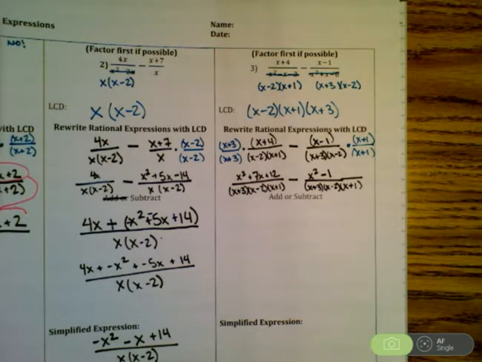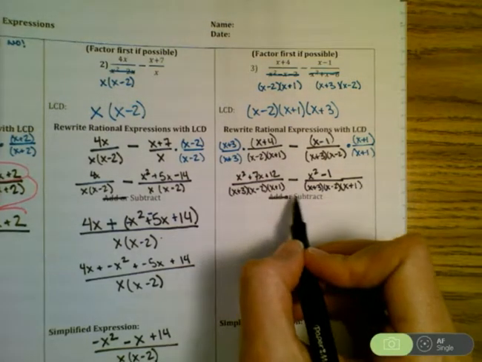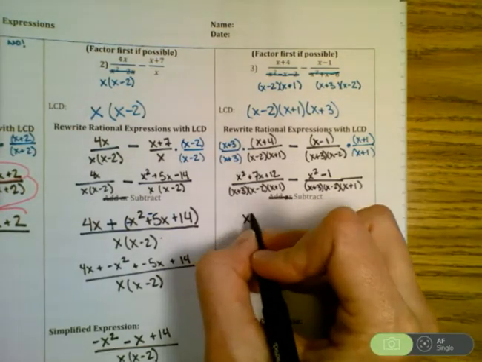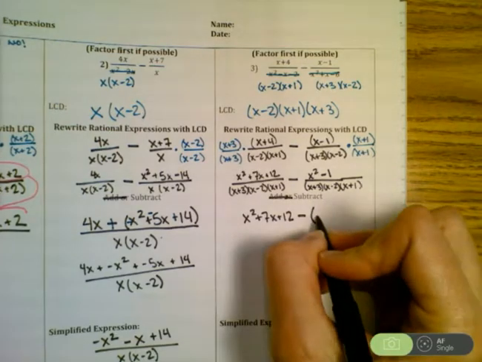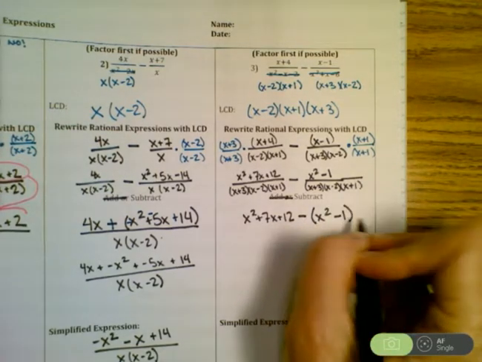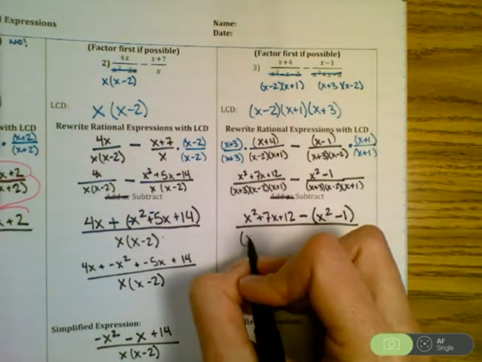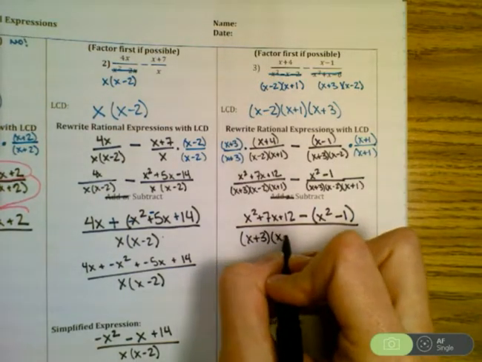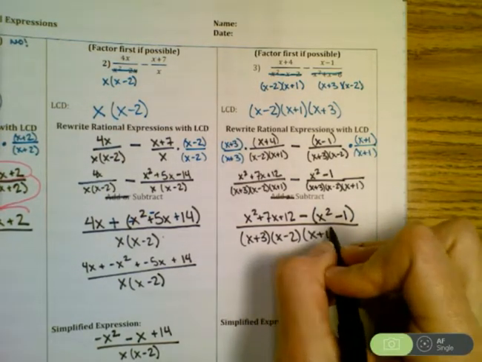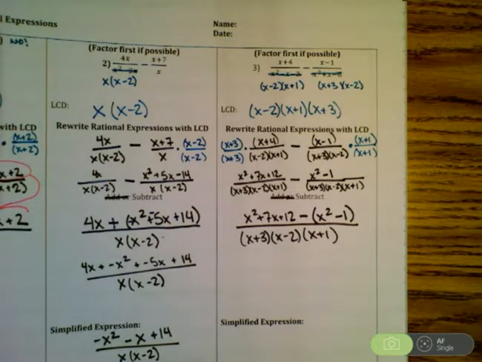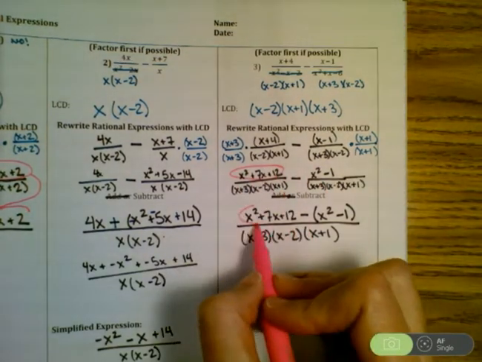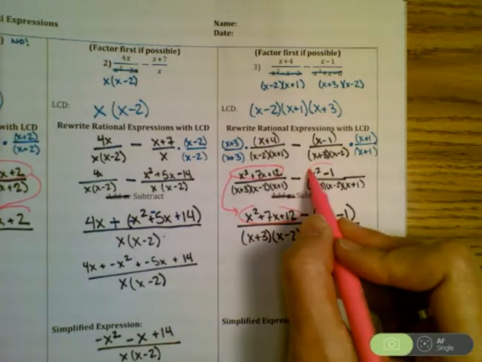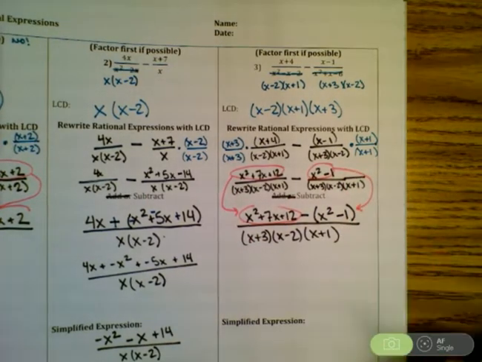Okay. So now we are going to subtract again because we have a subtraction sign. So we're going to write x squared plus 7x plus 12 minus, in parentheses to start, x squared minus 1 over our denominator. And again, these just came from here and here.